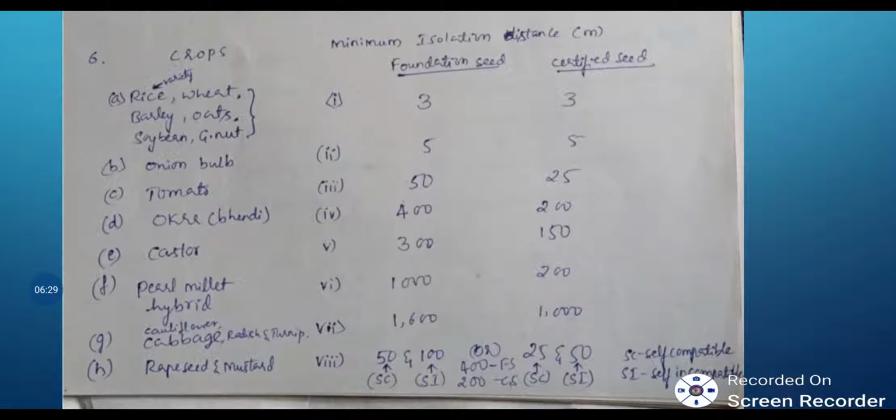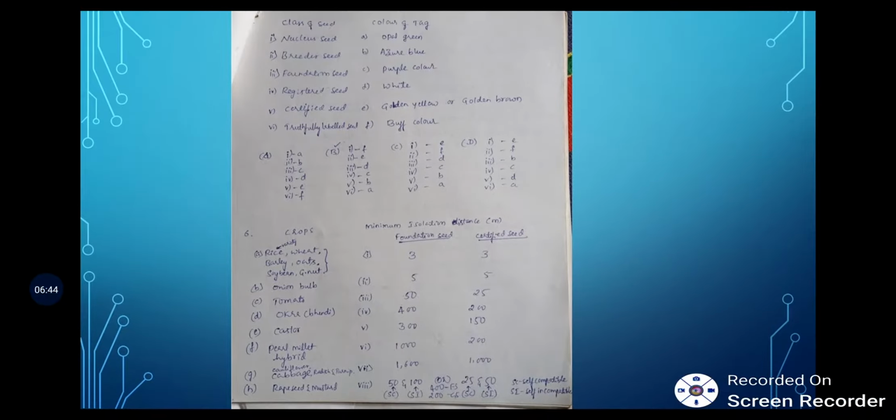Remember, isolation distance is mainly kept for hybrid seed production, to avoid unwanted contamination of the pollen. This criterion of keeping the isolation distance in meters depends on the nature of the crop, like whether it is self-pollinated, cross-pollinated or often cross-pollinated.